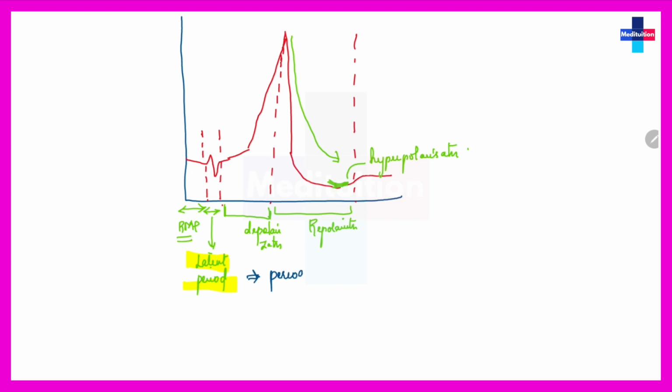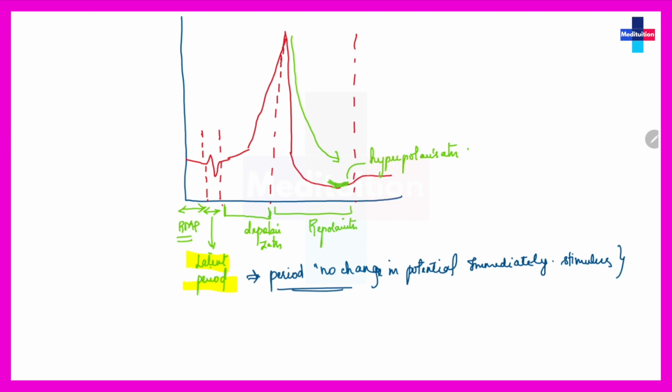It is a period where there is no change in the potential. Even though the stimulus is applied, there will be no change immediately; it will take some time. For example, if a person is pinching you, until you recognize that the person is pinching you, you cannot respond. So after the stimulus there will not be any response for some time.